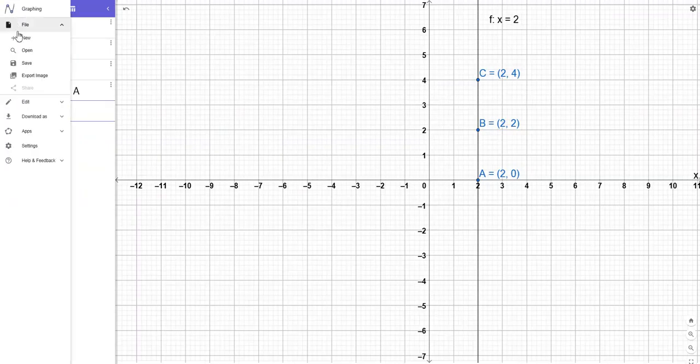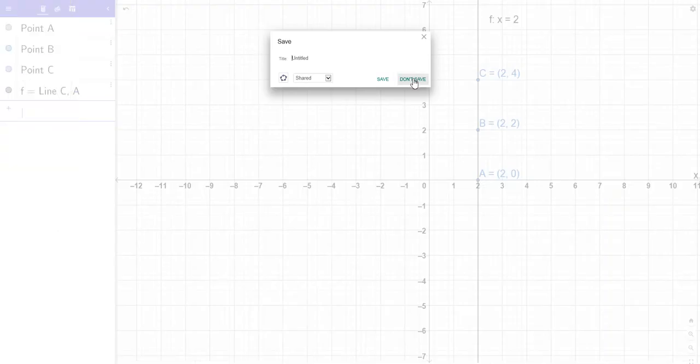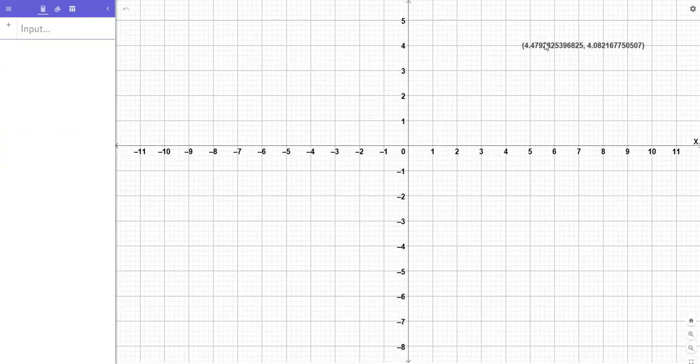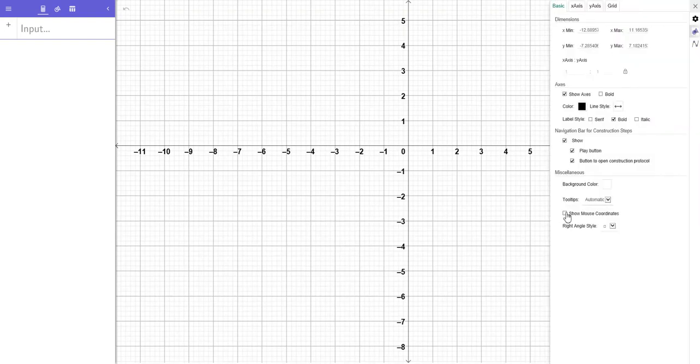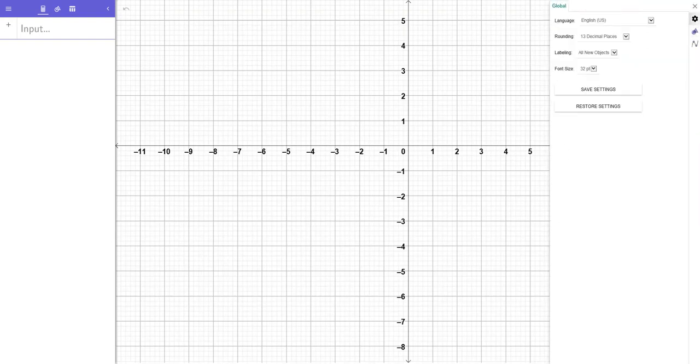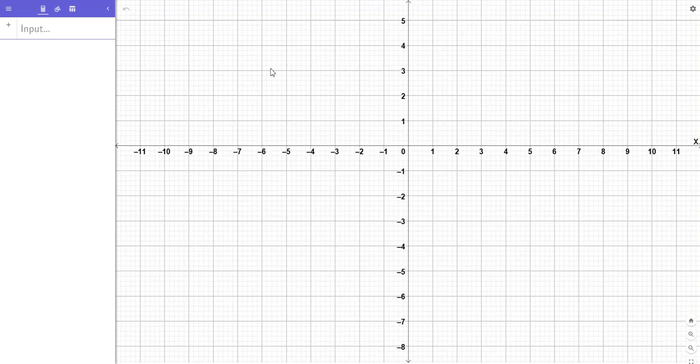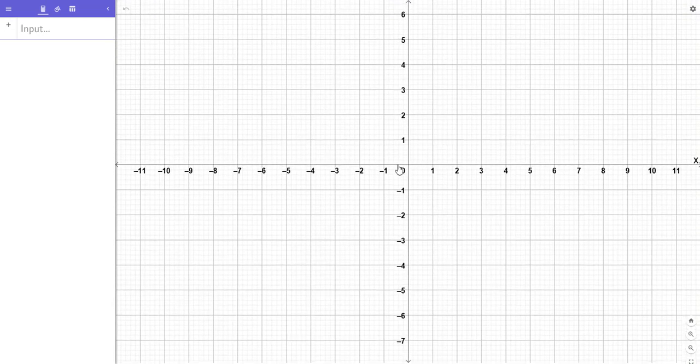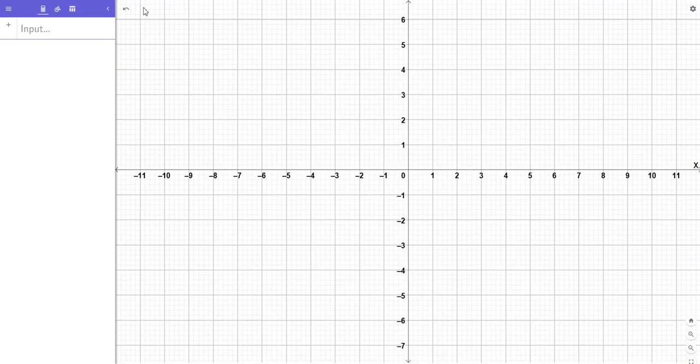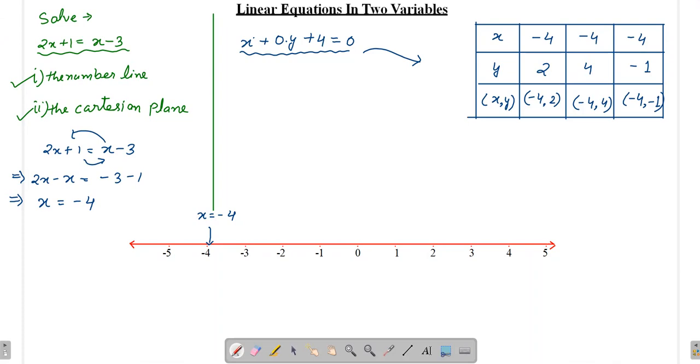So let's take a new page over here. What we need to do is to plot the points. So the first point was minus 4 comma 2.